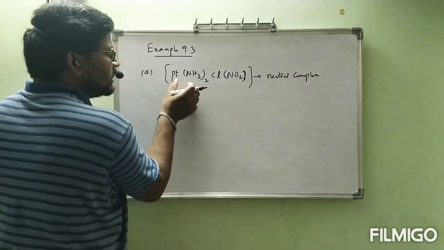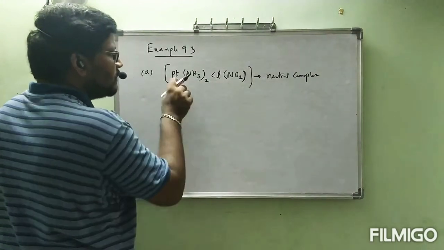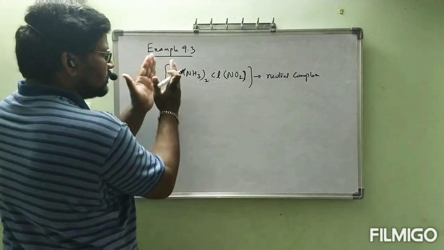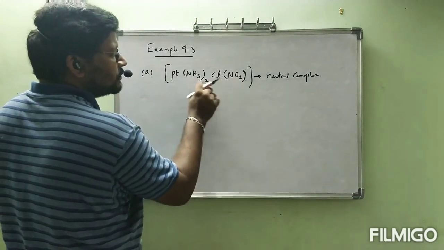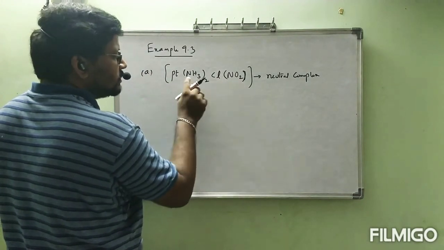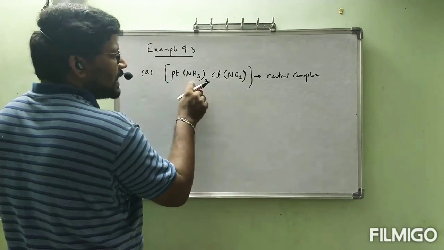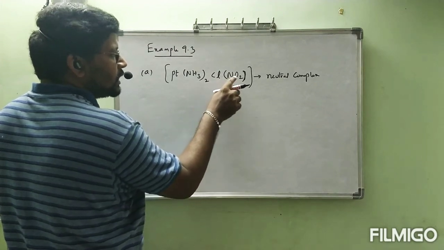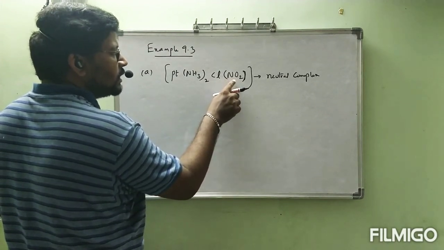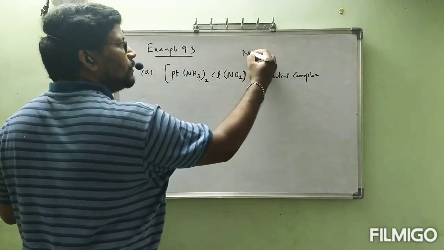In a neutral complex, the name of the metal as it is we have to write. Platinum means platinum. That metal we will see later. Now they give 3 ligands, a heteroleptic complex. This is amine. This is chlorido. NO2 here is nitrito.